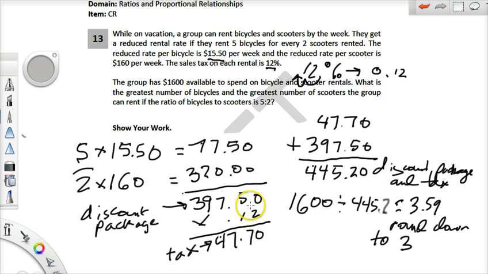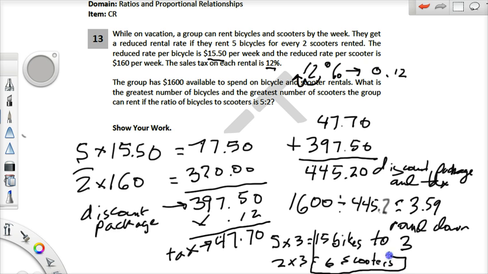So now we figure, if each package has 5 bikes and 2 scooters, then with 3 packages, 5 times 3 equals 15 bikes, and 2 times 3 equals 6 scooters. And there is our answer. Make sure you put a nice rectangle around there, and that is that one.